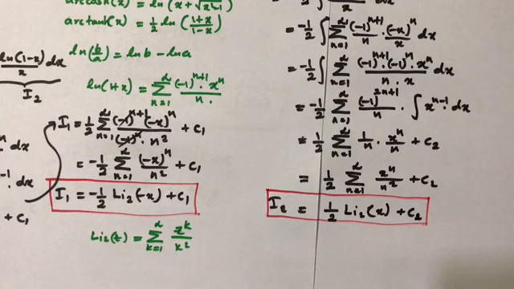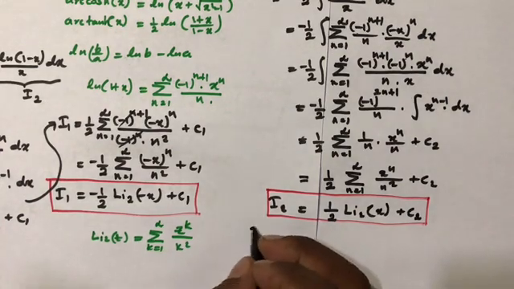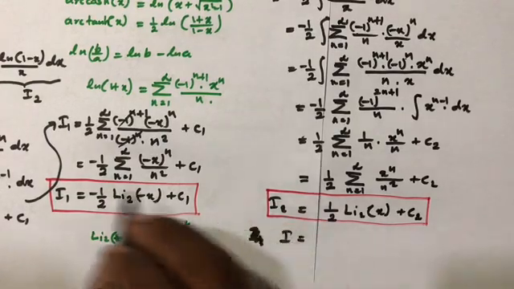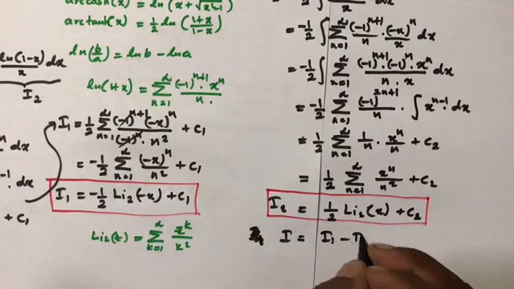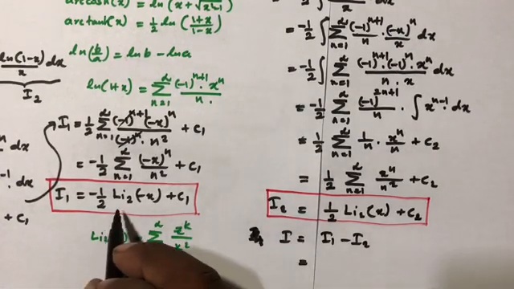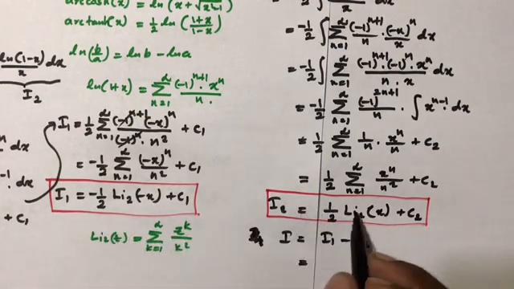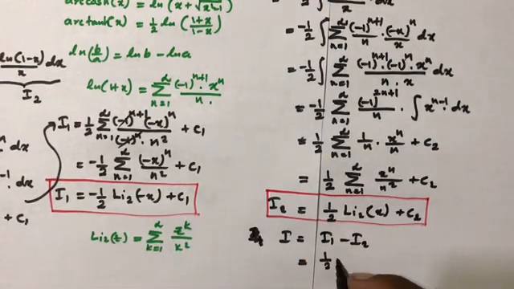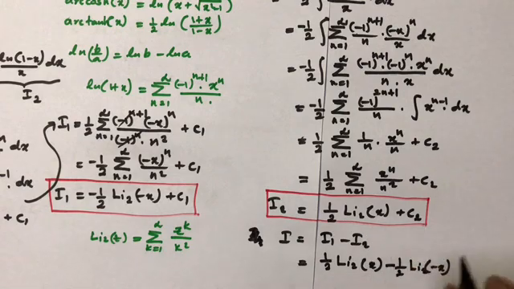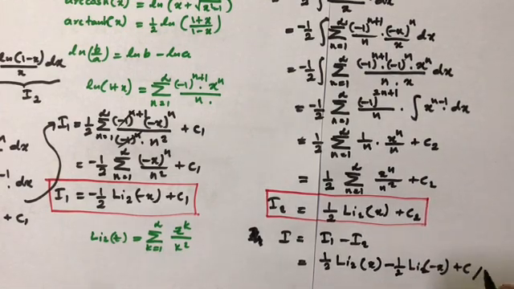So we know now I is equal to I1 minus I2, and I1 we know is minus 1/2 the dilogarithm of minus x, and this is I2, so we can write I equals minus 1/2 the dilogarithm of minus x minus 1/2 the dilogarithm of x. Now instead of c1 and c2 we can take c. Okay, this is the answer.